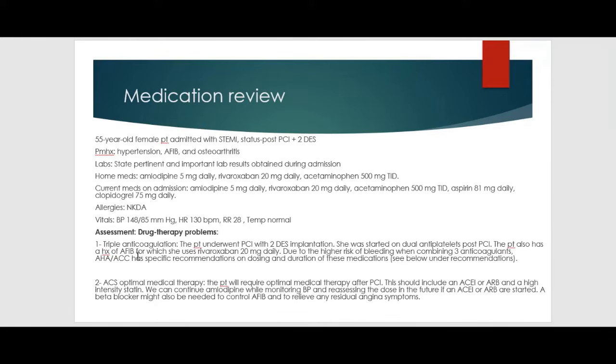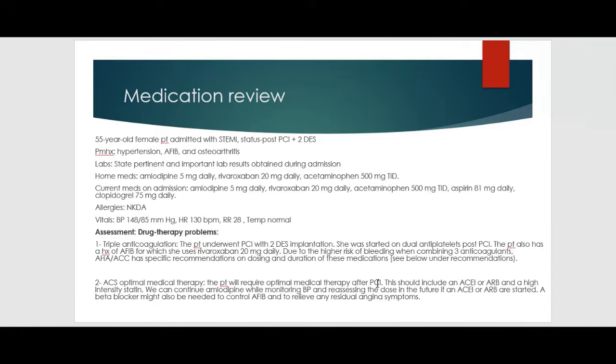So what's wrong with the triple anticoagulation? This patient went for PCI and 2 drug-eluting stents, so she needs dual antiplatelets for sure. She was started on dual antiplatelets. The patient also has a history of atrial fibrillation, for which she uses rivaroxaban 20.